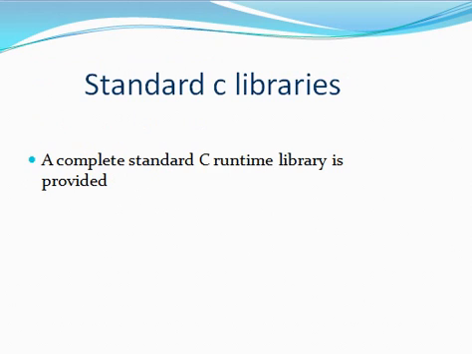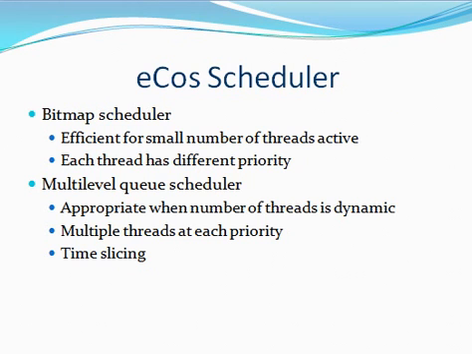Standard C library. There is a complete standard C runtime library provided in eCos. The eCos scheduler has the bitmap scheduler and the multi-level queue scheduler. The bitmap scheduler provides efficient scheduling for a system with a small number of threads that may be active at any point in time.